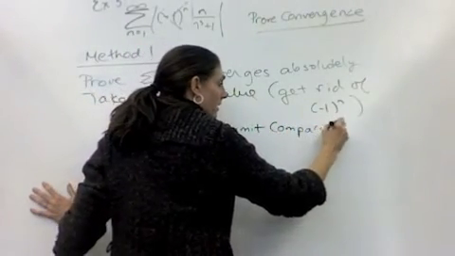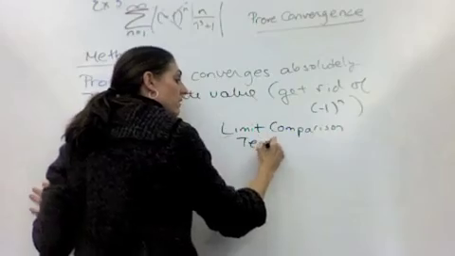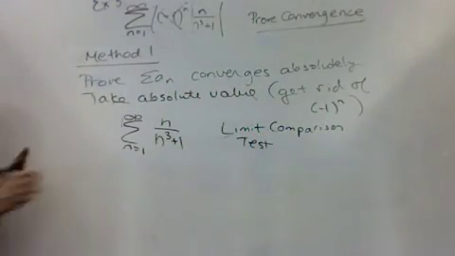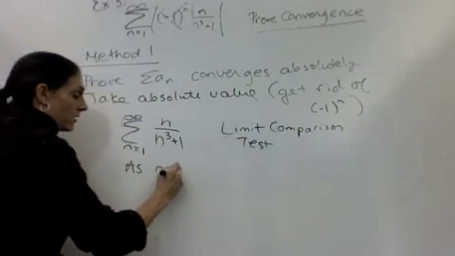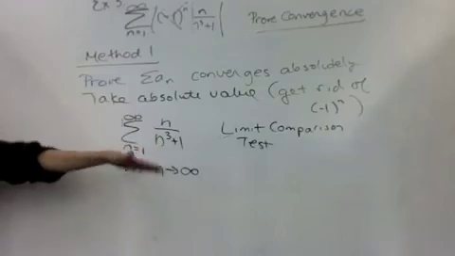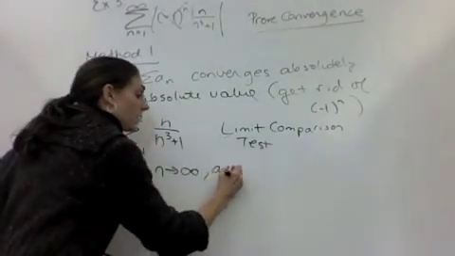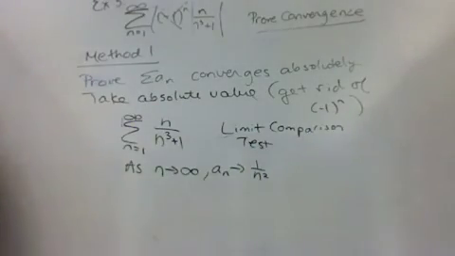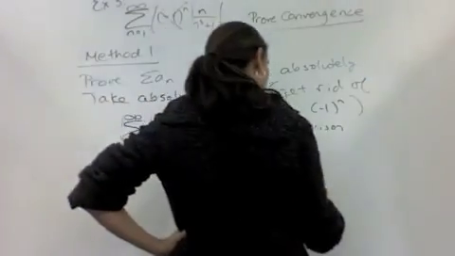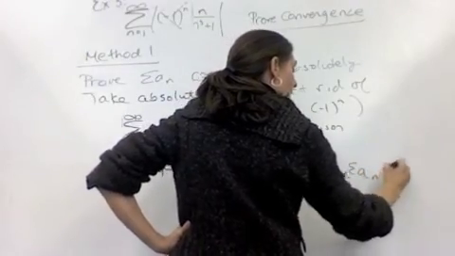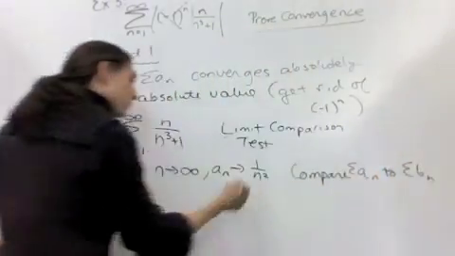It's easier to do limit comparison, because as n gets very large, what does this start to look like? So that's what we're going to compare it to: 1 over n squared. So compare this to our b sub n, which is this.